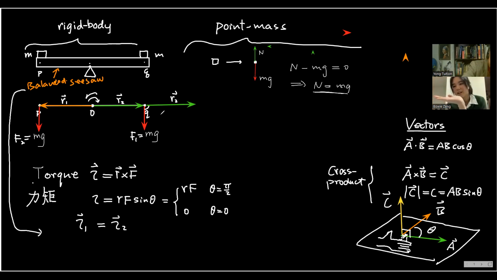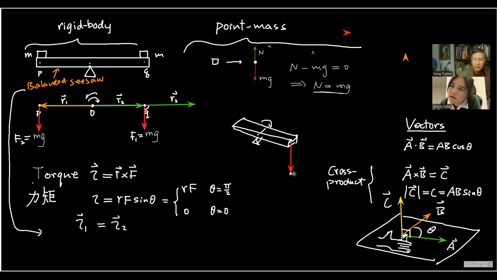So if I just draw a 3D diagram, probably that will help you. Let's say this is a seesaw, and it can rotate about this axis. In this case, F1 is downward.